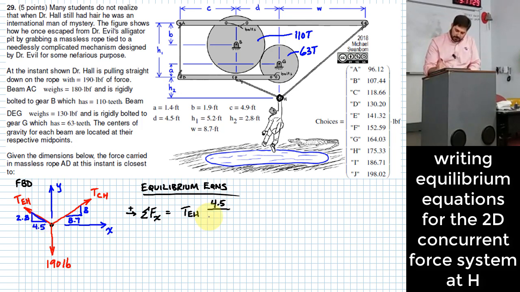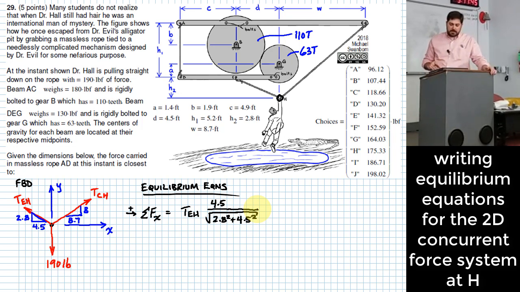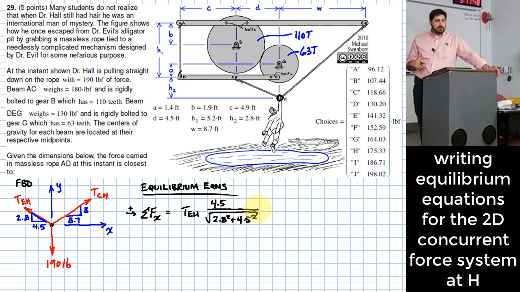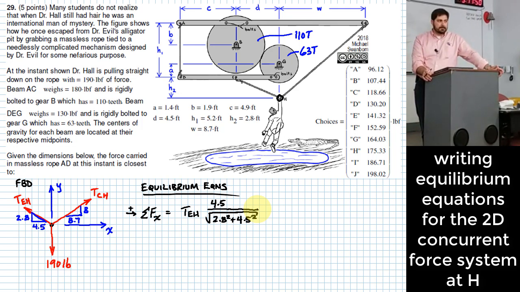Okay? So if I do this and I take the square root down here of 2.8 squared plus 4.5 squared, it's kind of a shortcut that allows me to pick off just the horizontal component of TEH without having to do a bunch of trig functions. Okay?